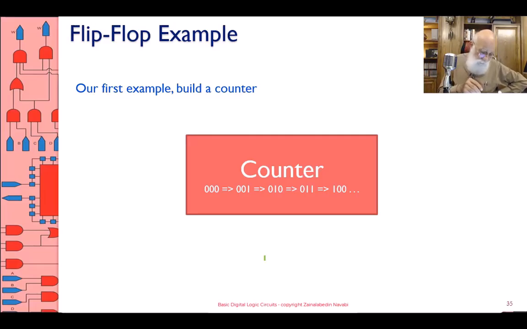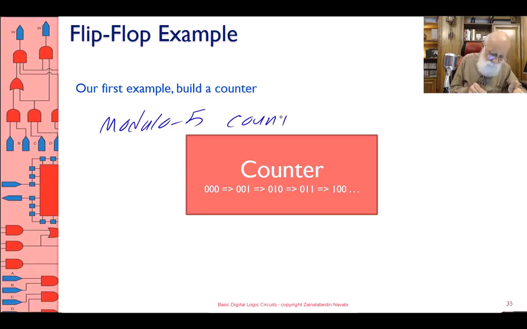And so that's a counter, and it is a modulo 5 counter. Okay. Because it is a modulo 5 counter, it requires 3 bits, 3 flip-flops. I'm going to be doing this with the simplest flip-flop, the D flip-flop.